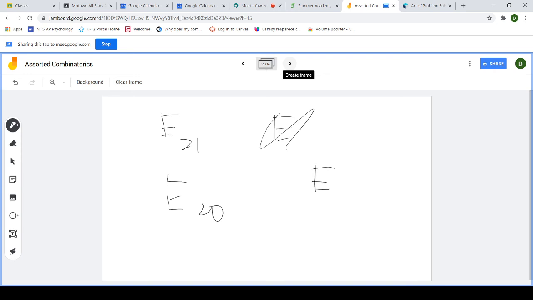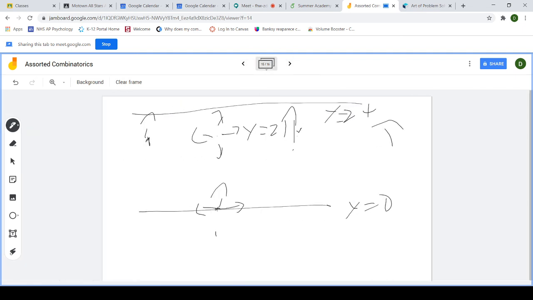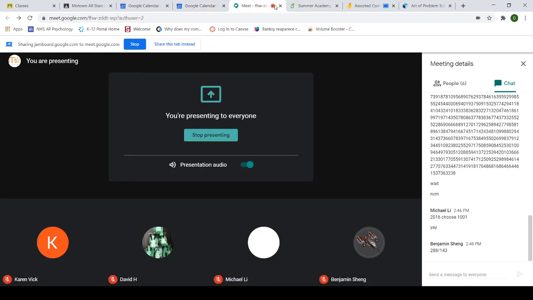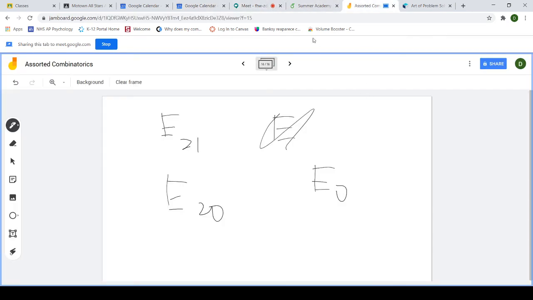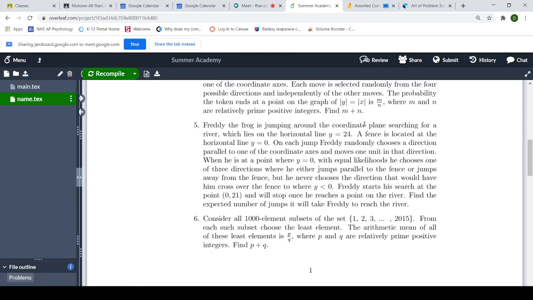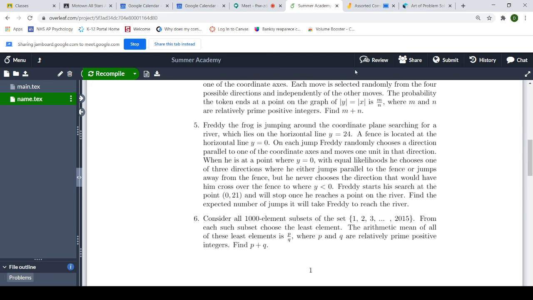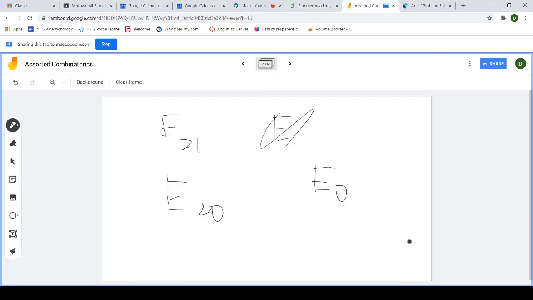I'm going to let E0 be the expected number of jumps he takes to get to the river starting from the fence.